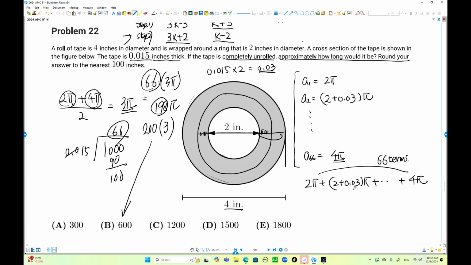Pi can be factored out, that'll be better. So 2 plus 0.03, then 2 plus 0.03 times 2 again.